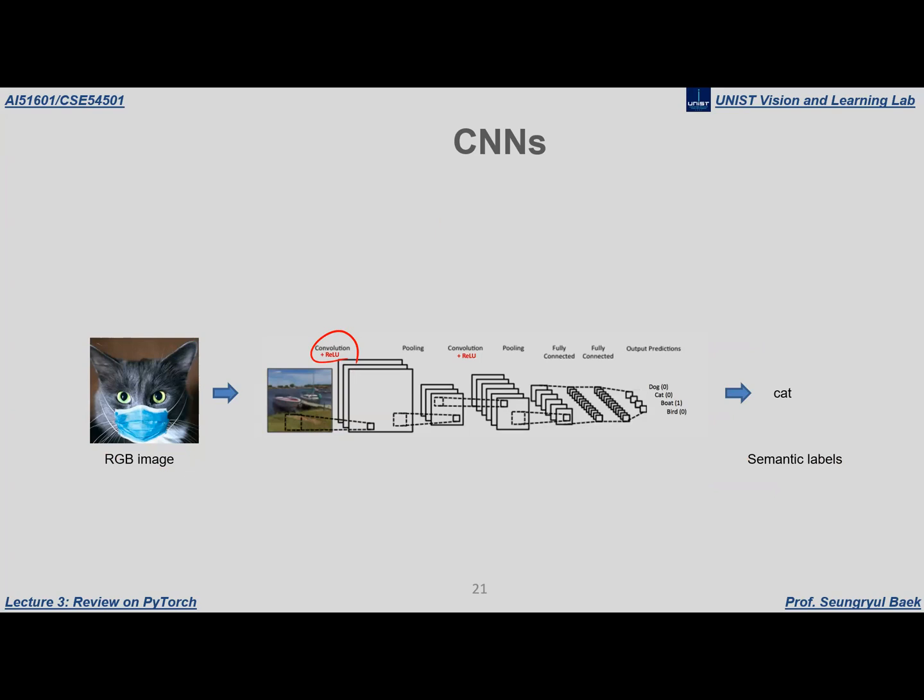So people tried to involve this convolution operation to process RGB images, to map these RGB images to the semantic labels. The researchers found that this convolution operation is efficient. So after that, the CNN was proposed.